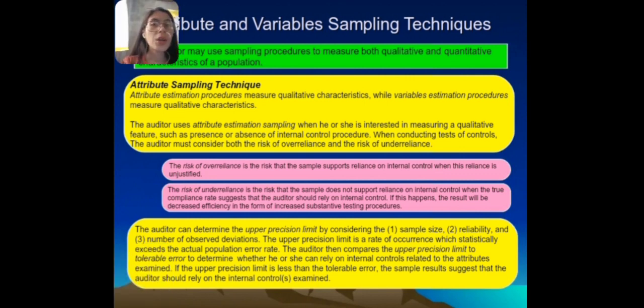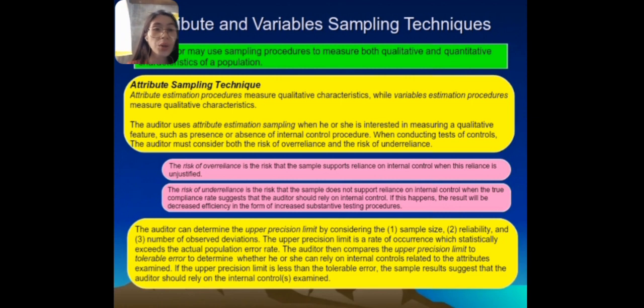The auditor can determine the upper precision limit by considering first the sample size, second the reliability, and third the number of observed deviations. The upper precision limit is the rate of occurrence which statistically exceeds the actual population error rate.